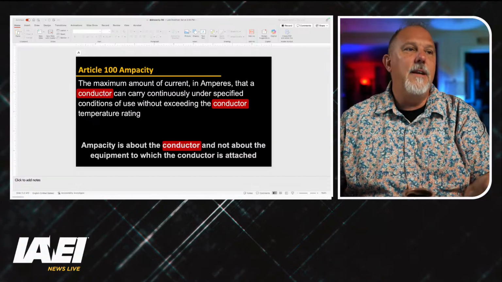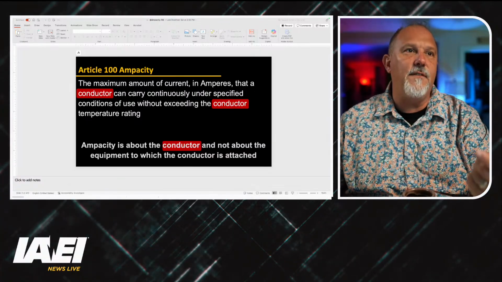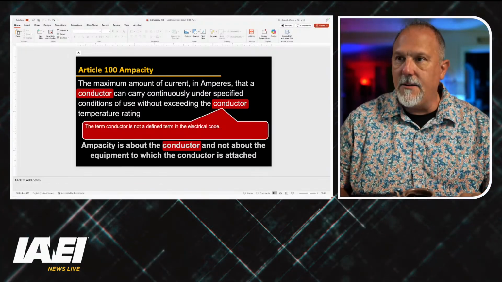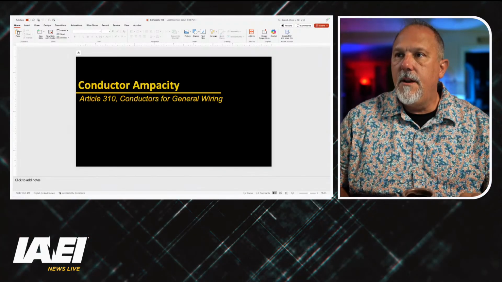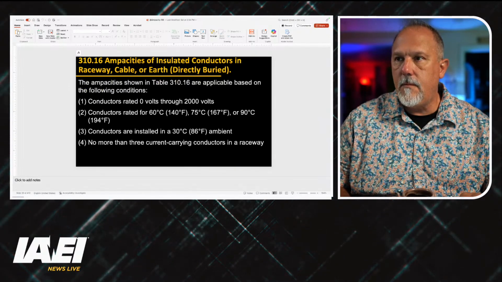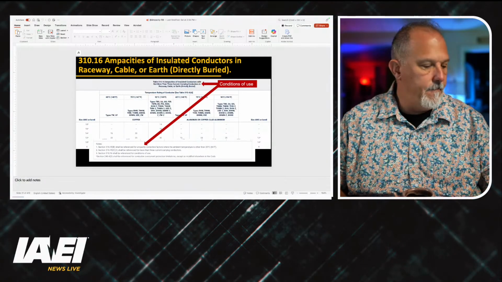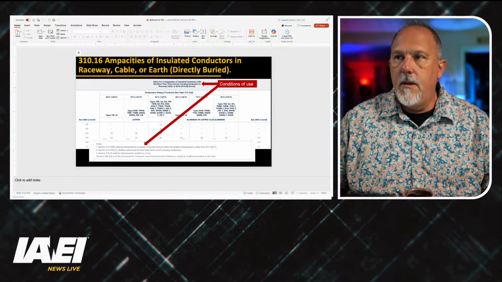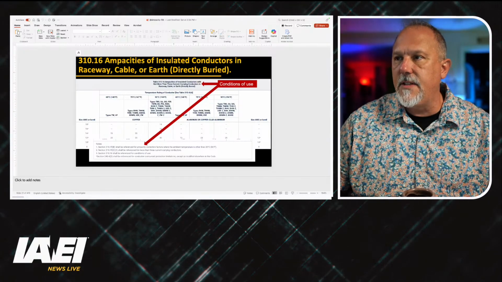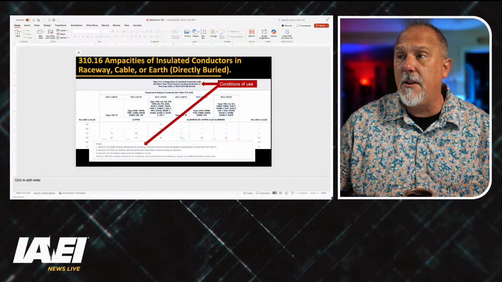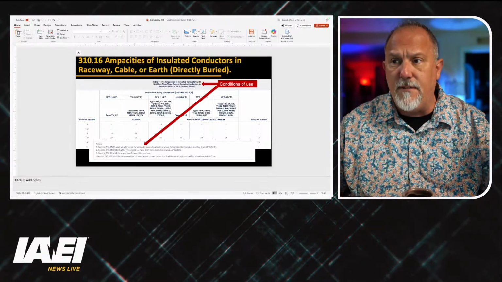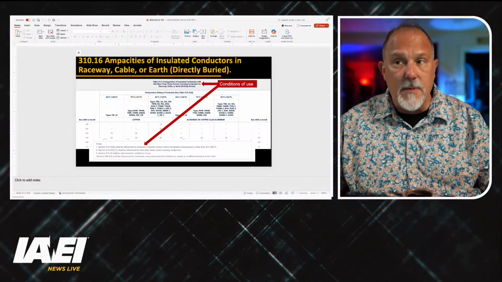If you go to the table in 310.15, the title of the table, in fact, I have a slide on this. There it is. It tells you the title of the table, ampacities of insulated conductors with not more than 3 current-carrying conductors in a raceway. The notes to the table put you back to 310.15 for the adjustments.